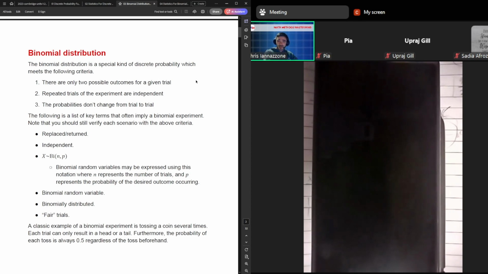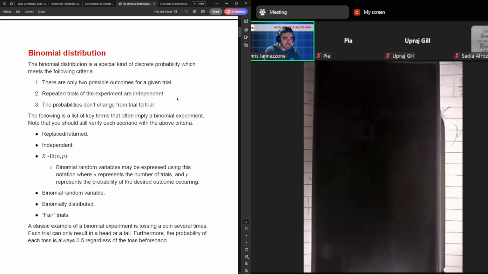If you want to calculate that, you can, although a lot of this is just using a bit of common sense as far as what's actually going on in the scenario. And then probabilities shouldn't change from trial to trial. I used to think these two were basically the same thing. They're pretty much the same thing still, but it is a little bit different.